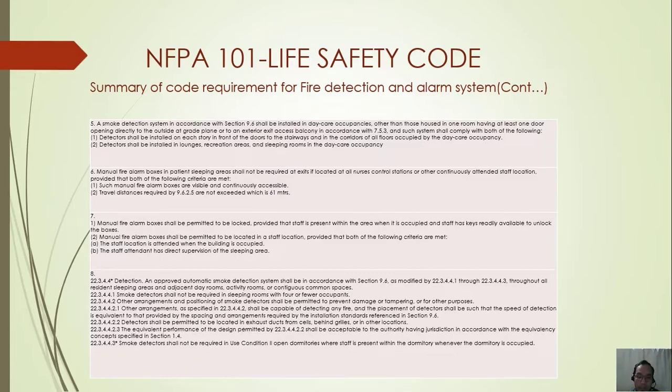So they cannot just activate this pull station, whether accidentally or intentionally, provided that the security guards or staff always have the key all the time that the prison is occupied. So in case of a real fire, they can just go there, unlock the pull station and activate it manually. So this is just a matter of security control.